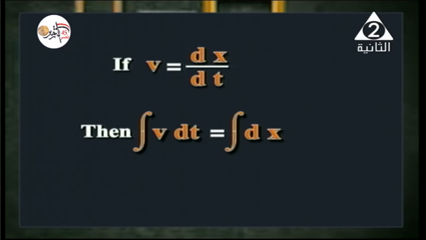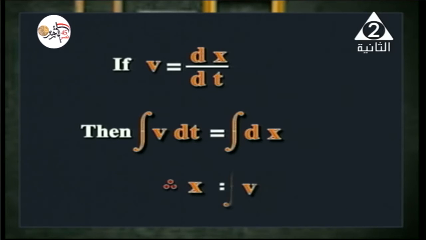My dear student, by using cross multiplication, if we have v equals dx over dt, then v dt equals dx. We use integration on the left hand side and the right hand side, and we deduce that the integration of v dt equals the integration of dx.